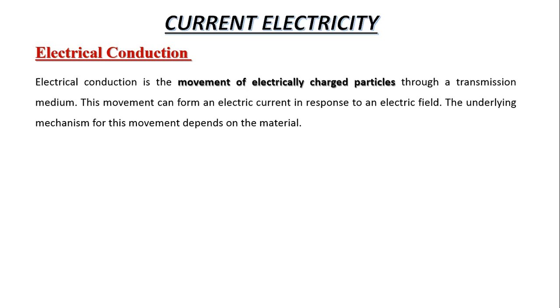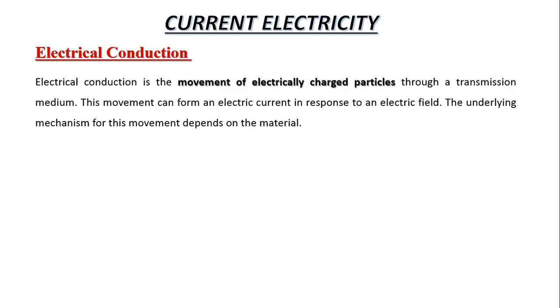The electric current is produced in response to an electric field. You have dielectric charges, and in the presence of those electric charges, you have a certain electric field. When free electrons flow in that electric field, they produce electric current.